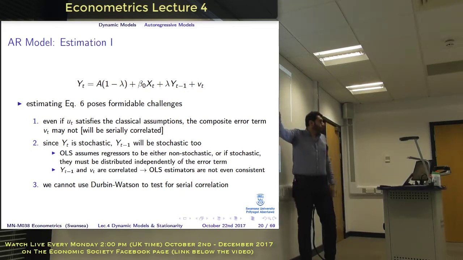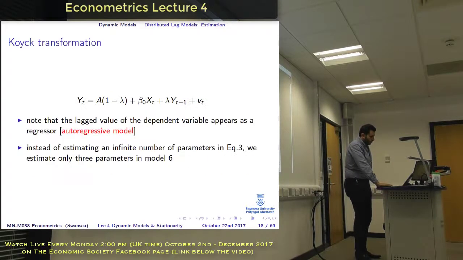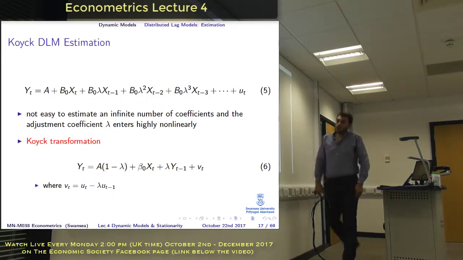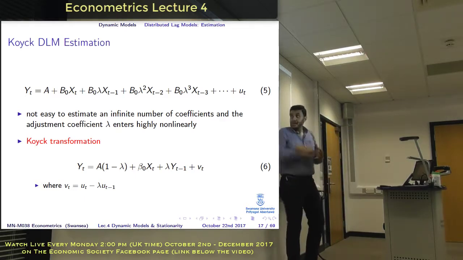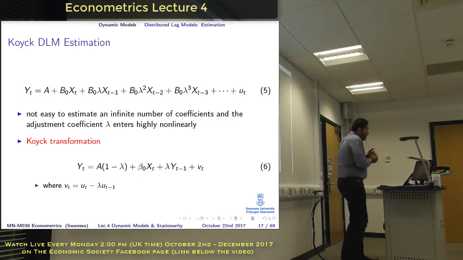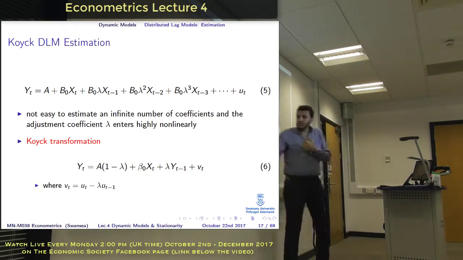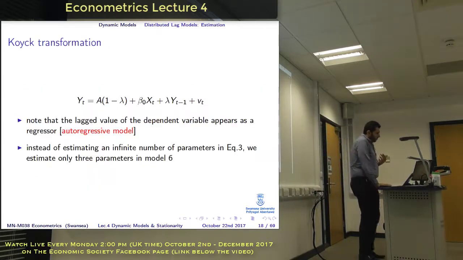Do you know what this v_t is now? This is the new one. When we did the transformation, just let me go back to this. So this is the new error term. Even if the original one satisfies all conditions, that doesn't necessarily mean that this one will. Okay, so that's one point.